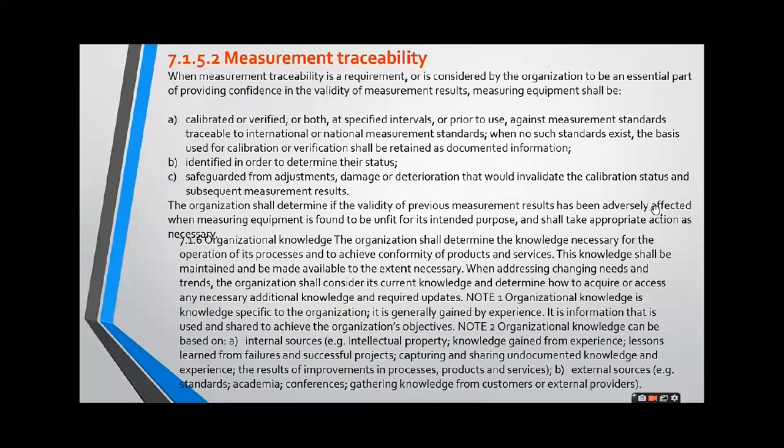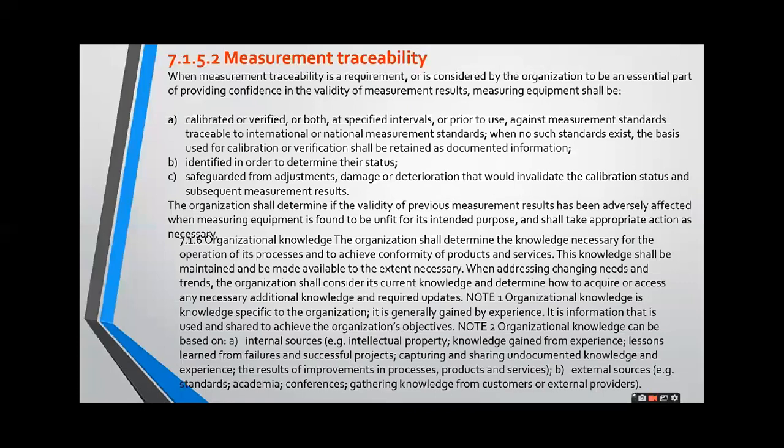Okay. So, as I was saying, it applies in two situations. Situation number one is when the measurement traceability is a requirement. This could be mandated by a specific regulation, customer specification, or other external factors. Another type of situation would be when the organization considers traceability essential for valid results.